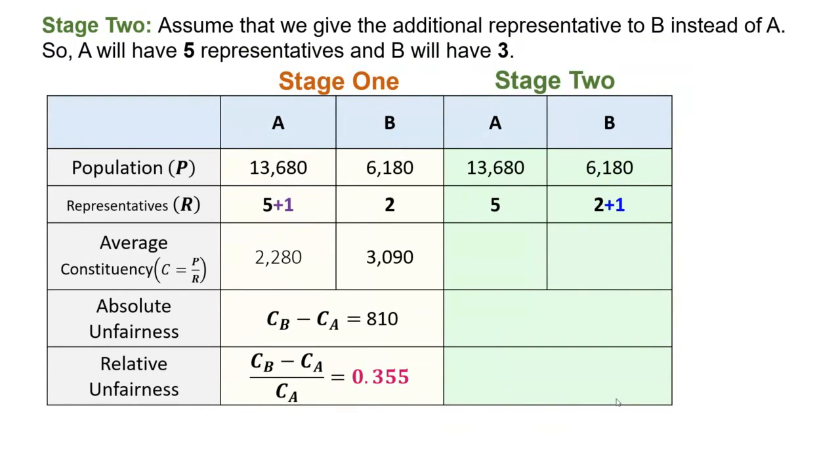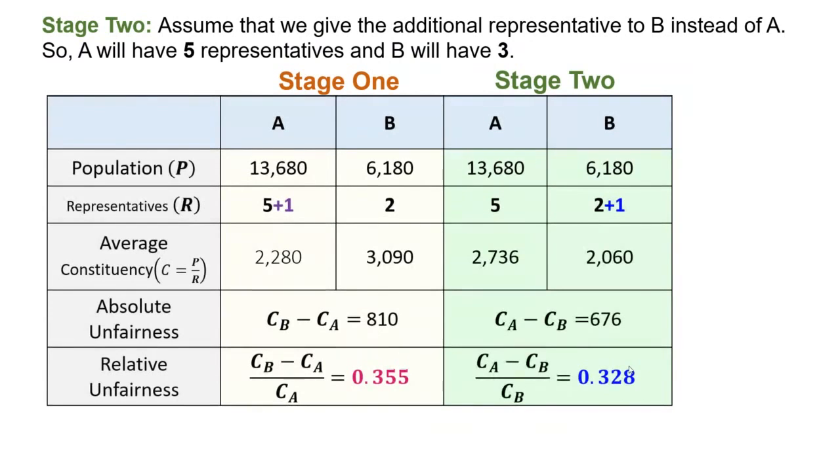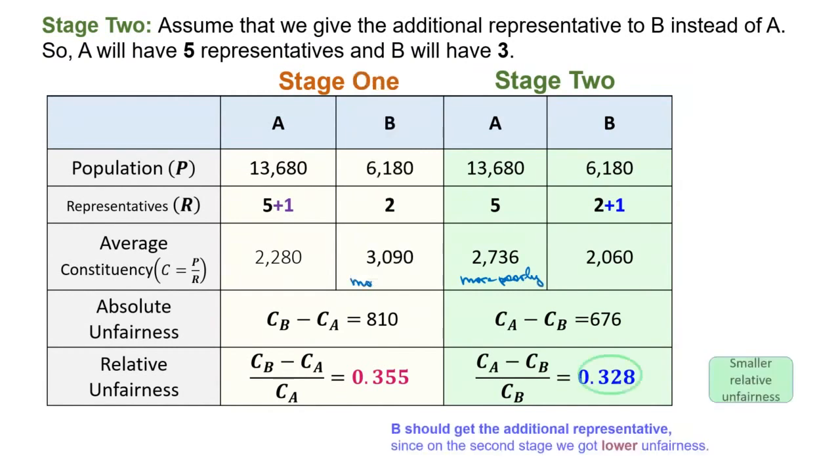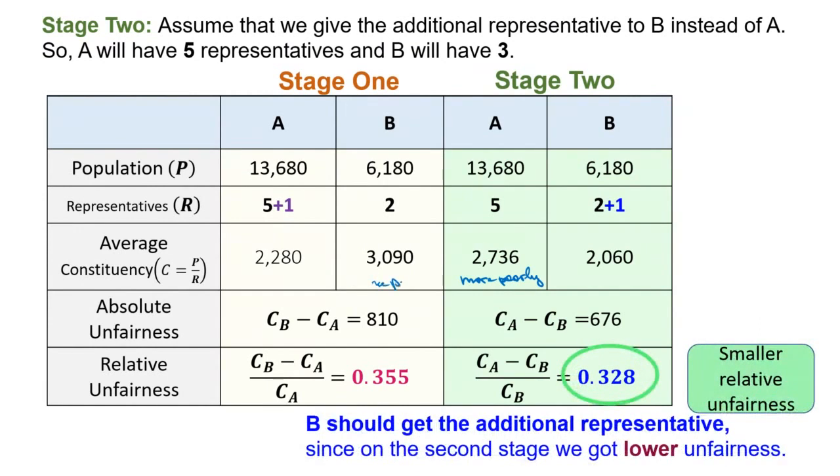Okay, on stage 2, we give this extra representative to state B. And we do the same. We find the new average constituencies for A and for B. Of course, now A is more poorly represented, so on stage 2, B is more poorly represented.